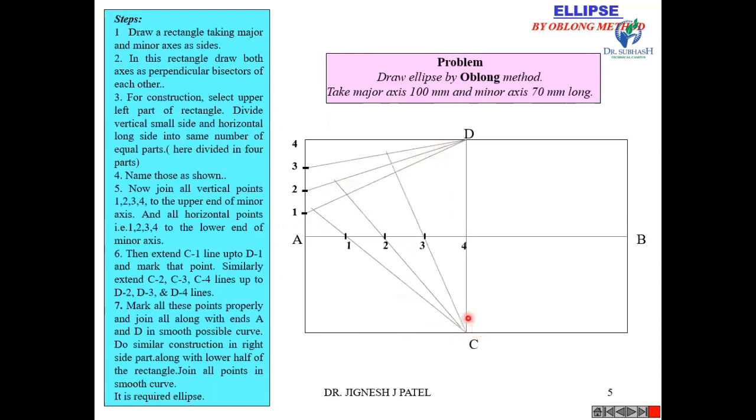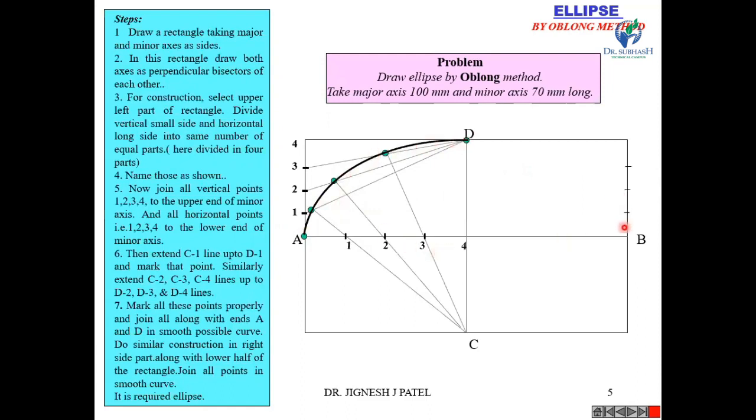Join C3 and extend it up to 3D. The intersection point of lines C1 and 1D is a point of the ellipse. These are P1, P2, P3 and P4. Now similarly, you can repeat this process on this side also. Join all these points by a smooth curve.